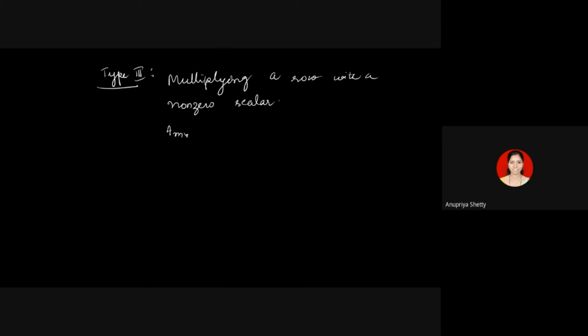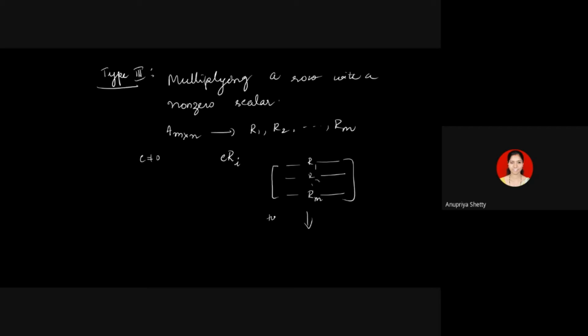So if A is a matrix with m rows, R1, R2, etc., Rm, let me choose some ith row of A, that is Ri. Then I'm going to multiply this with some non-zero scalar c, then c times Ri becomes the ith row of the new matrix. How was A initially? A is a matrix with first row being R1, second row being R2, etc. The last row is Rm, right? After applying the elementary row operation of type 3, what happens?